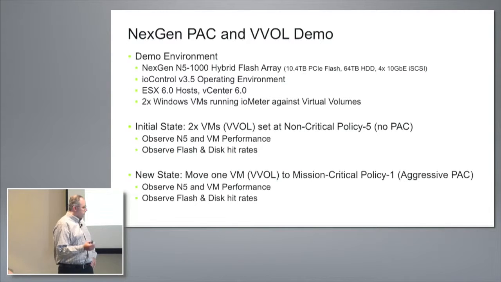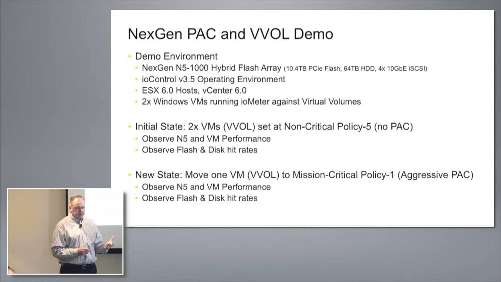A demo that we do for customers is that we exercise the prioritized active caching with quality of service and virtual volumes. Here we have a demo environment running the latest NexGen code as well as ESX6.